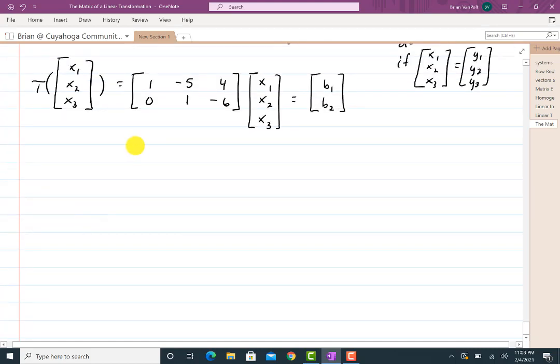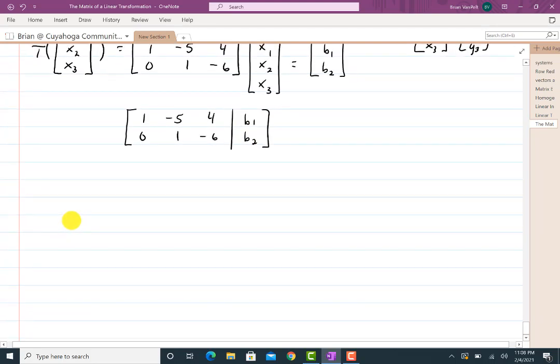Well, this, of course, I can set up as the following. An augmented matrix, of course. I can stop right here now. If you look, here is a pivot and here is a pivot. Unfortunately, here, this column here means that x3 is a free variable.